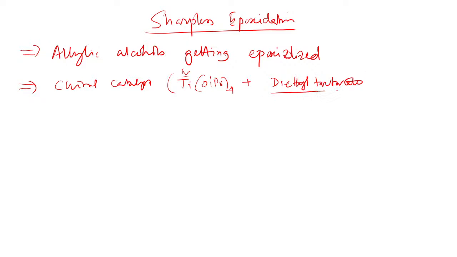And diethyl tartrate can be L or D, okay, and L is called plus, and D is called minus. So I draw first the structures of this diethyl tartrate. So L, which is plus DET, that can be drawn like this.